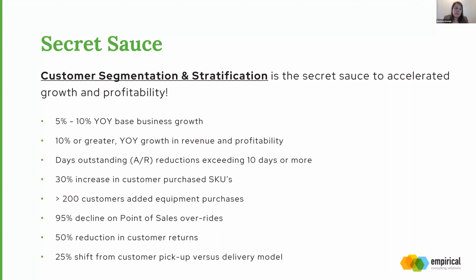So these are just some other examples of outcomes of stratification. It's not always just about revenue or margin basis points. You can see there's a lot of different goals that companies might have that they want to achieve with stratification. These are real world examples of things that we've helped people do through stratification and operationalizing that plan.